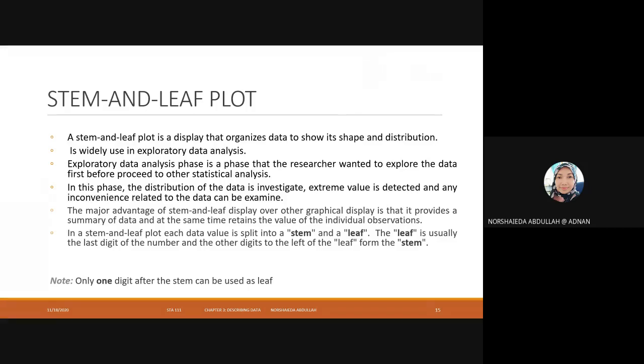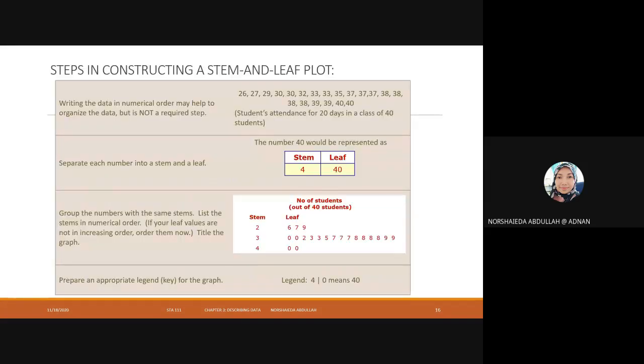For example, let's say we have this data, the attendance of students for 20 days in a class of 40. This data is already arranged.